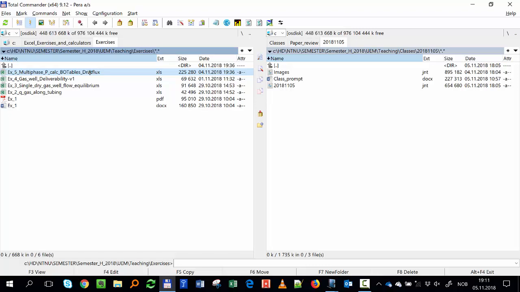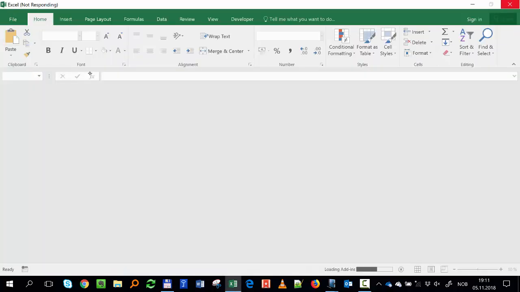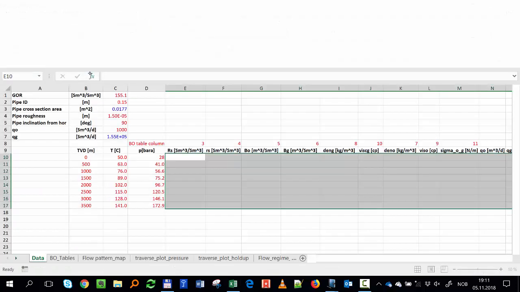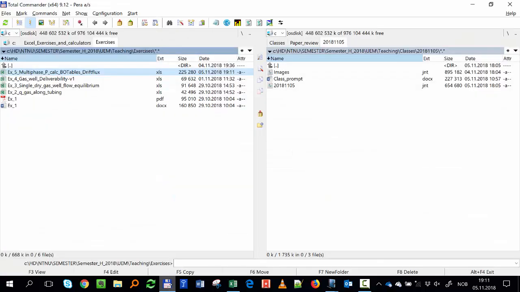Multiphase P calculation. Exercise 5, multiphase P calc, BO tables, reflux.